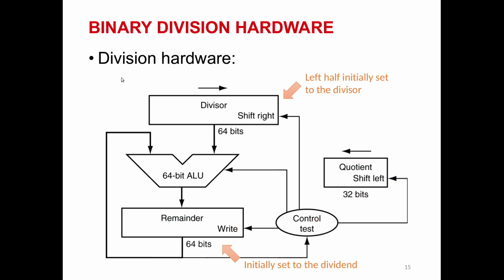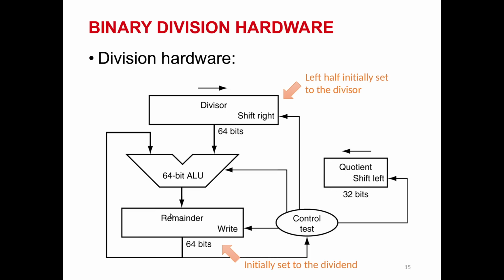Here is the simple binary division hardware. You have the divisor available here as 64 bits. The quotient will be here as 32 bits, because if you divide a 64 bit value by a 64 bit value, you will have half of the bit number, that is a 32 bit quotient.